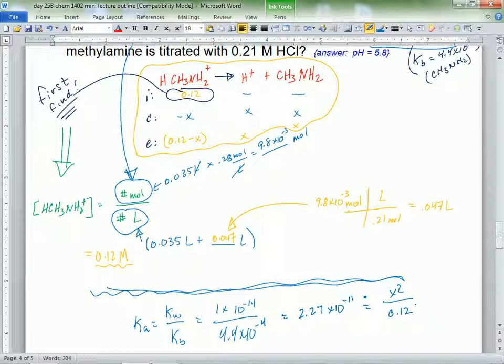So if you get the right answer of 5.8, just go on to the next one. Yeah, and then square root. Dividing. No, it's on the bottom. So you got to bring it up. And square root. Yep. What'd you get? 1.65 times 10 to the negative 6.